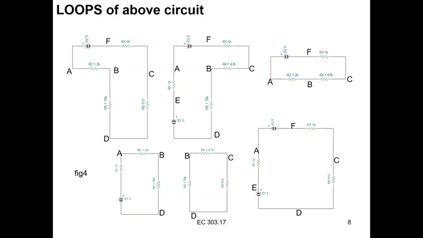Here there are 6 possible loops. In that circuit we can connect these 4 nodes in 6 possible ways. These are shown here. So in all 6 loops, the nodes come only once.